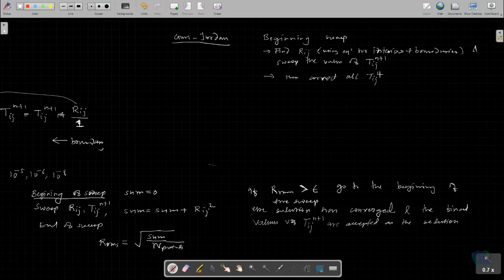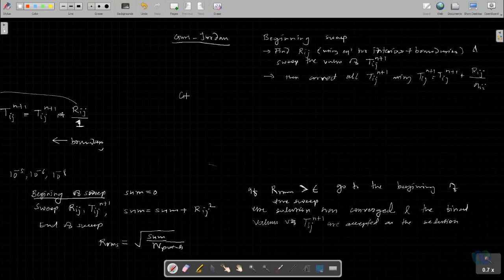Correction means Tij is equal to Tij plus Rij divided by Ai. That is, Tij n plus 1 is equal to Tij n plus 1 plus Rij divided by Ai. That is how you do it.